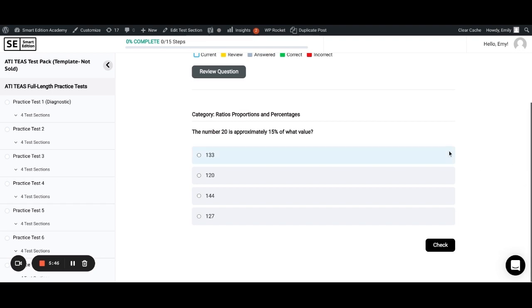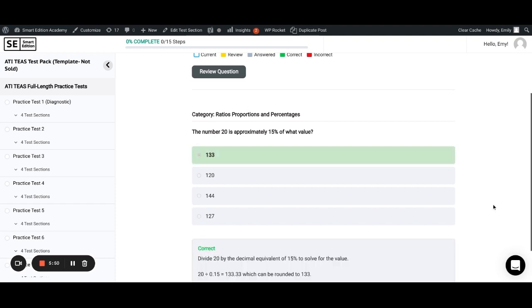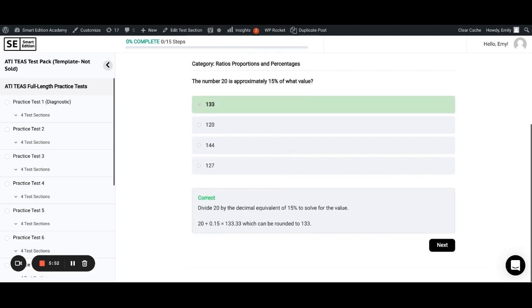And if you got A, 133, you would be correct. So you would divide 20 by the decimal equivalent of 15, which is 0.15, to solve for the value. So 20 divided by 0.15 equals 133.33, which can then be rounded to 133.